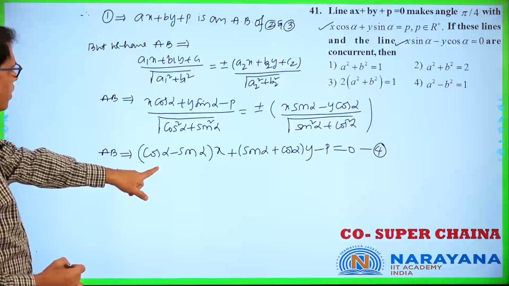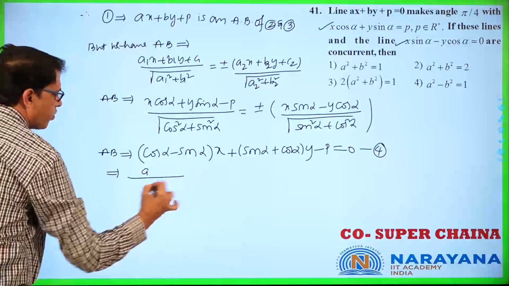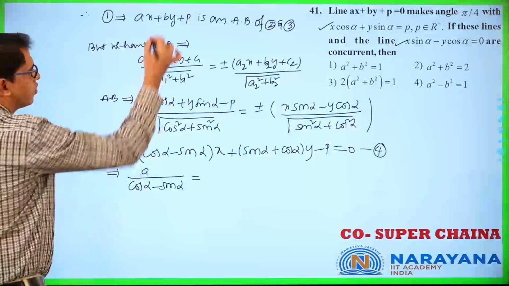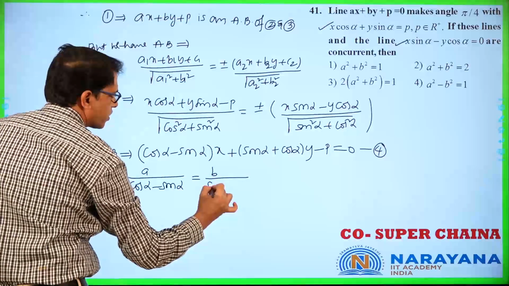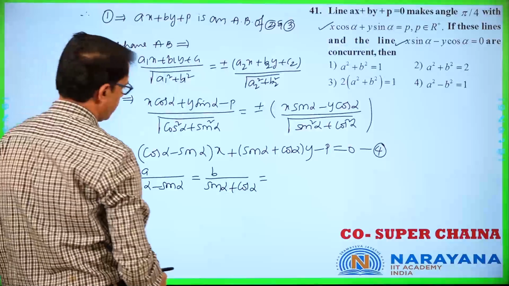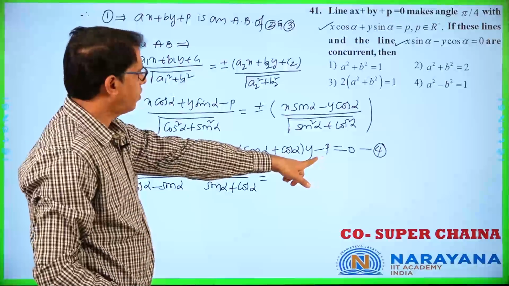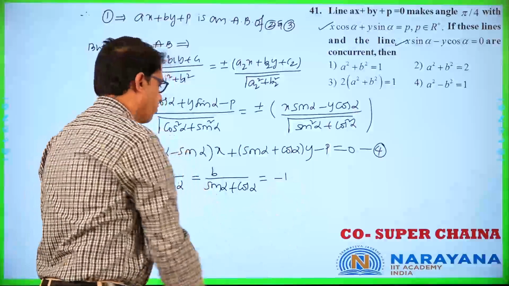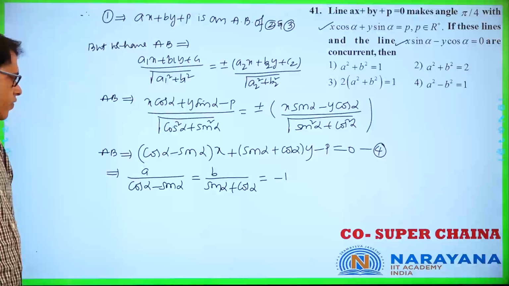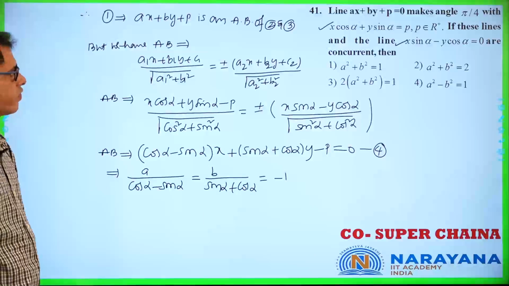So a upon cos alpha minus sin alpha, b upon sin alpha plus cos alpha, equals c1 by c2. What is c1? p. Here this one is minus 1. So from this, the a value is sin alpha minus cos alpha, and the b value is minus of sin alpha plus cos alpha. Now what is the required value?